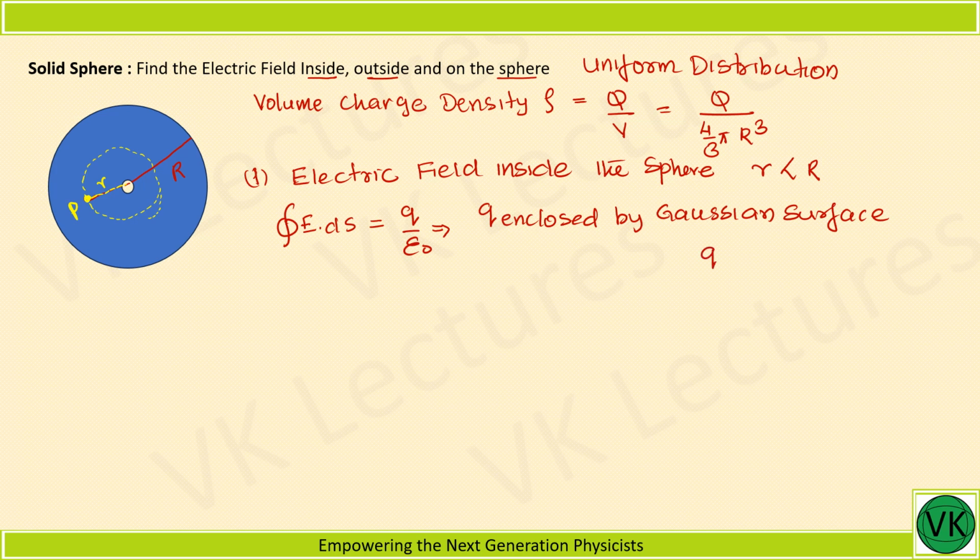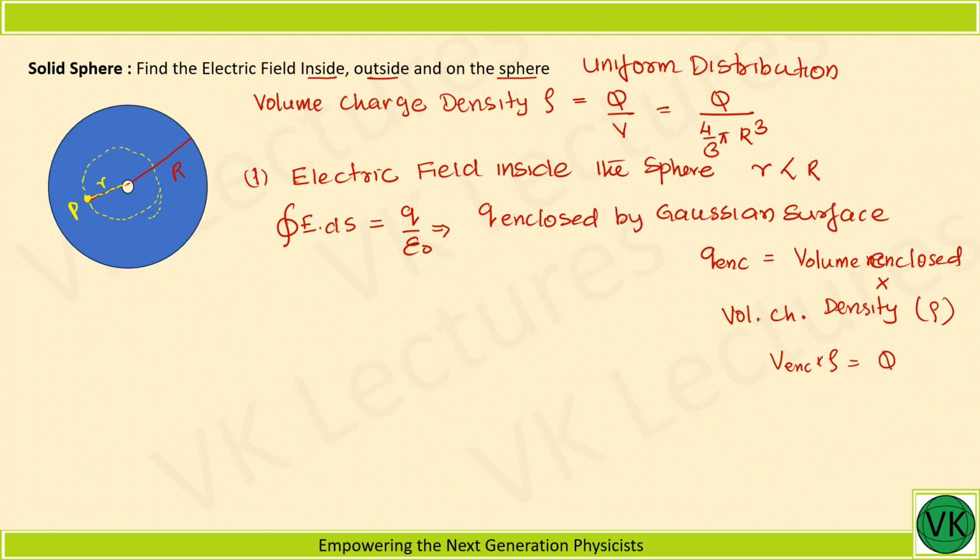Q enclosed will be equal to the volume enclosed into the density. That is, this is volume charge density, then write rho. So V enclosed into rho gives you Q enclosed.